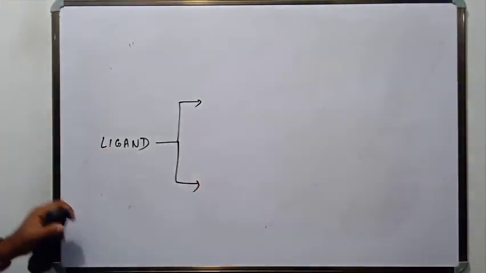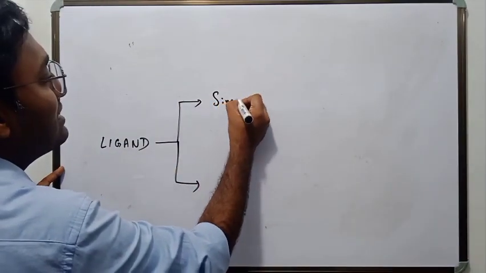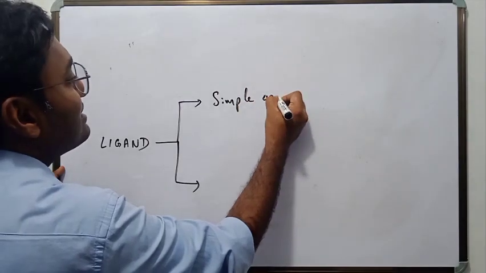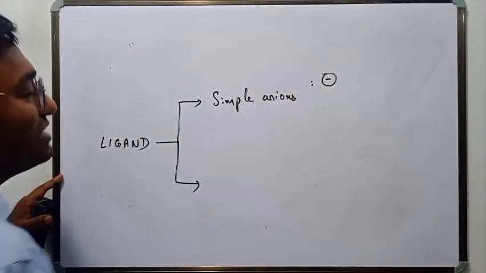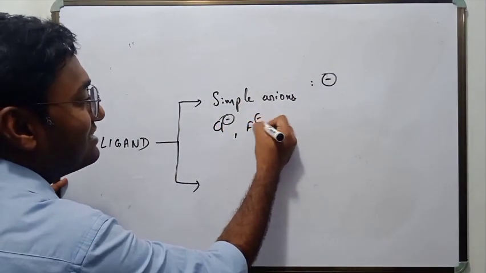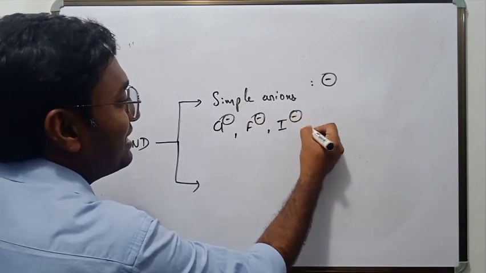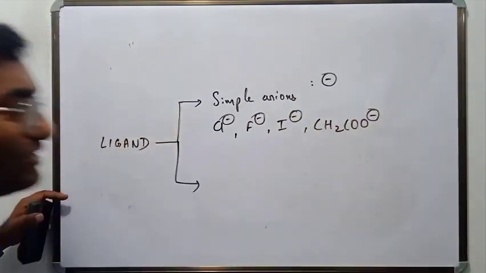So ligands are of two types. One is simple anions. They have a pair of electrons. They are negatively charged. Examples are Cl-, F-, I-, acetate, CH3COO-.